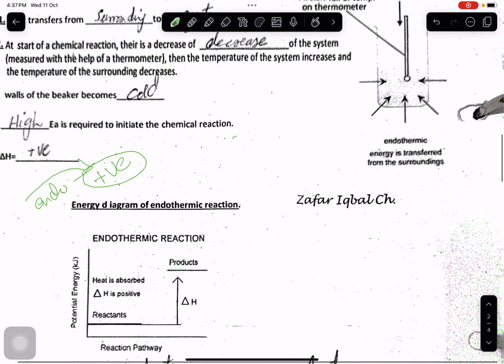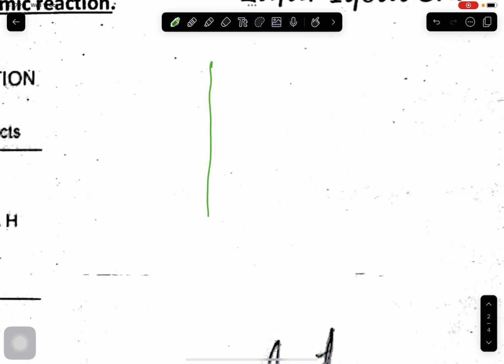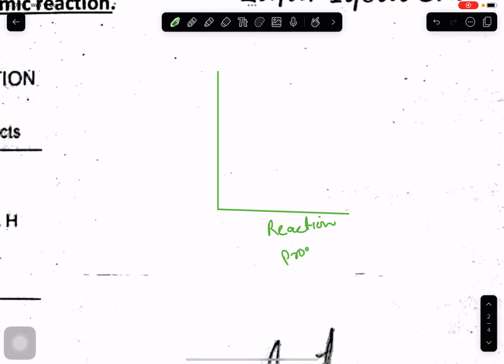Now, looking forward towards the energy profile diagram. Reaction progress.